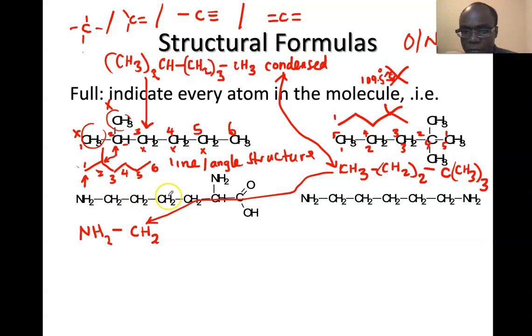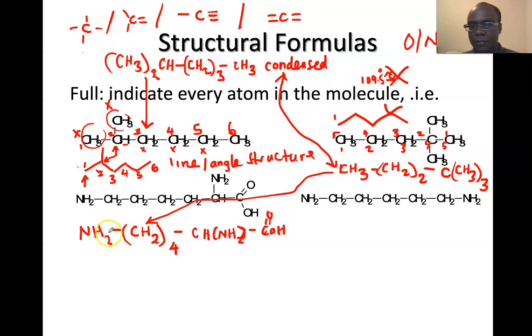So I have 1, 2, 3, 4 CH2s, so I'll put CH2 and put 4 outside, and then I have a CH, and then the NH2 should not pop out, so I'll put it in parentheses because it's bonded to the CH. And then of course I cannot condense the alcohol as much other than just doing that.